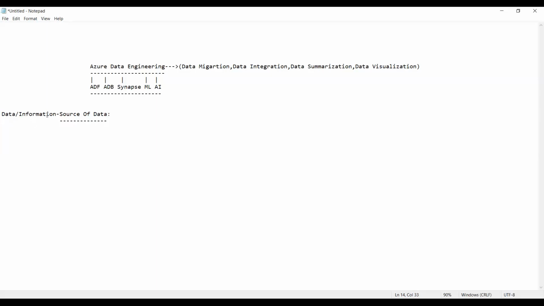So what are the sources of data we can have?